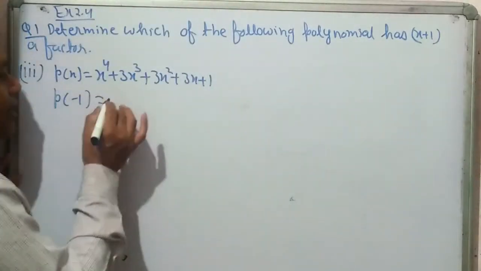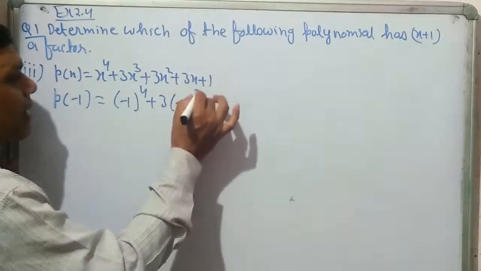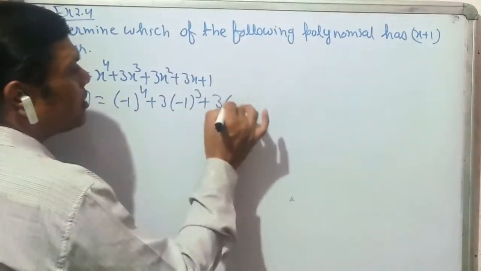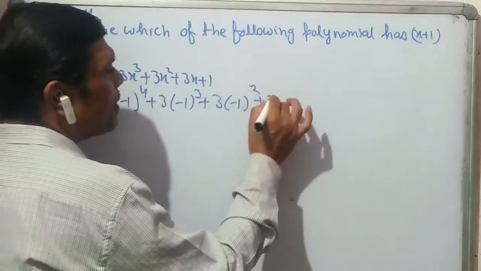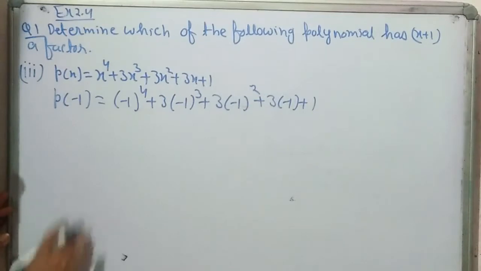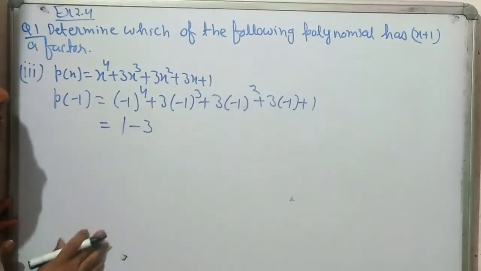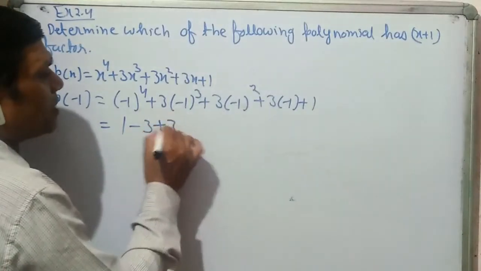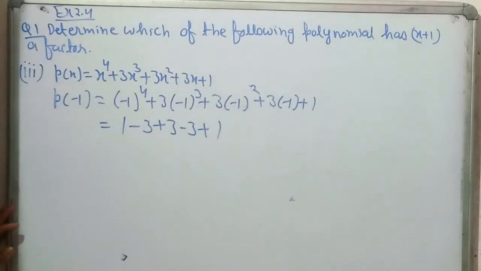So finding it directly, what I get is (minus 1) raised to power 4 plus 3 into (minus 1) raised to power 3 plus 3 into (minus 1) square plus 3 multiplied by minus 1 plus 1. Find the values. This will be 1. This will be minus 3. This will be plus 3. This will be minus 3 and this will be plus 1.